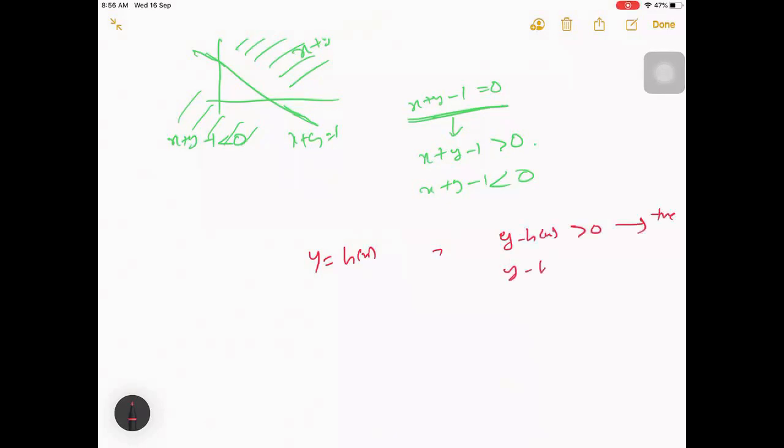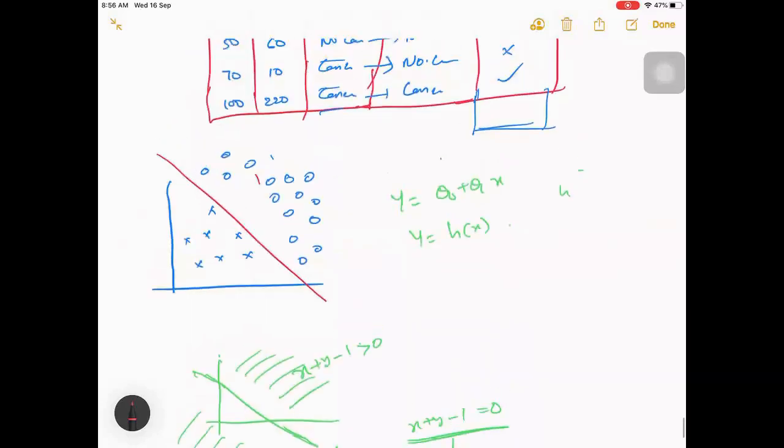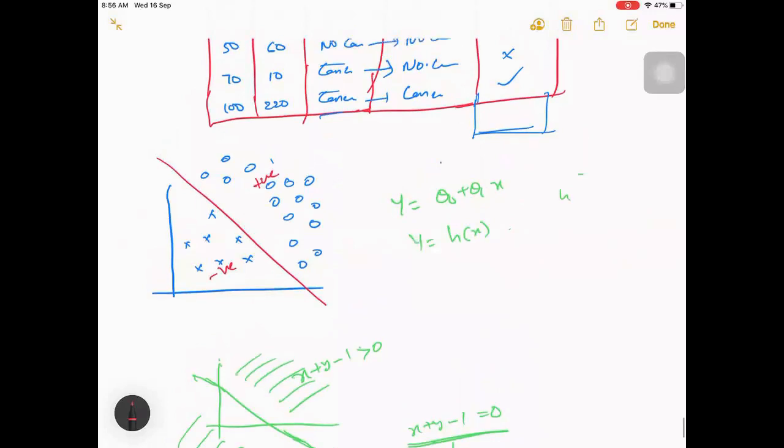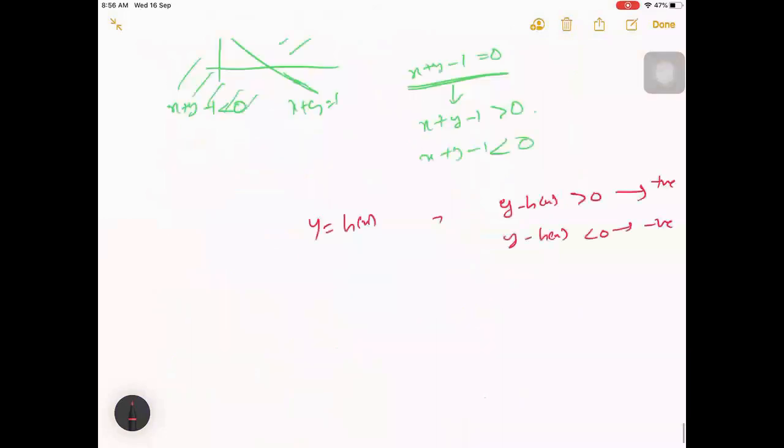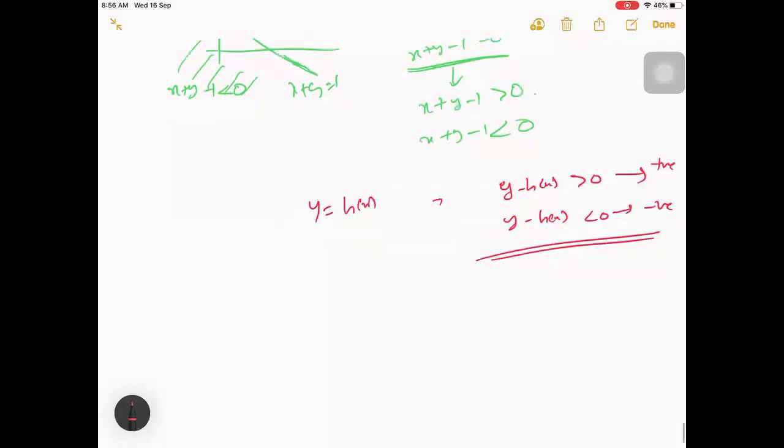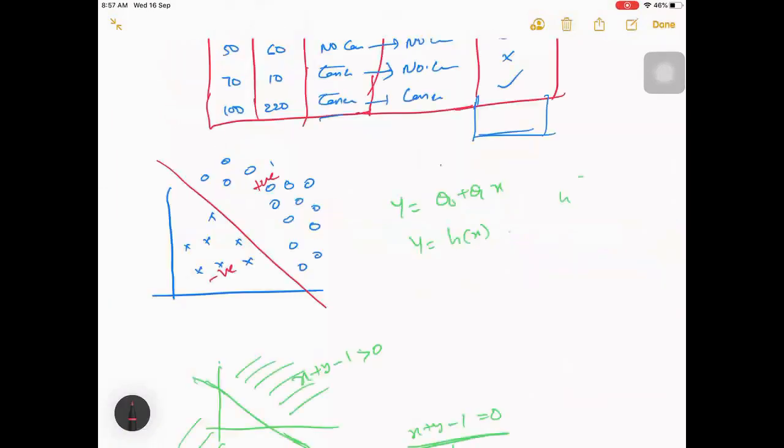Y minus h of x less than 0, we can take it as negative. So this is the positive side, this is negative. We got cancer positive, cancer negative, so no cancer and cancer. So can we pose a problem like this? Does this make sense? For a kind of separation, we have to see whether it is on the right side or the left side. That will be our problem.